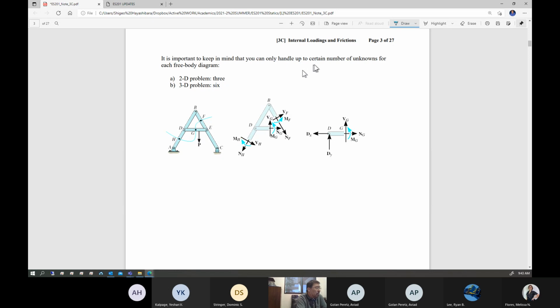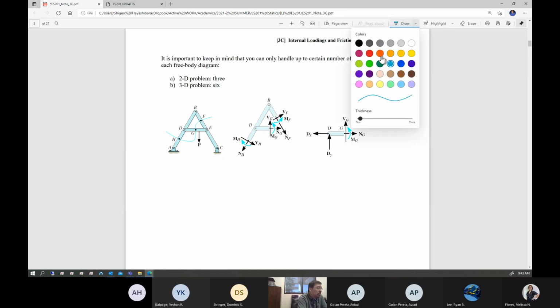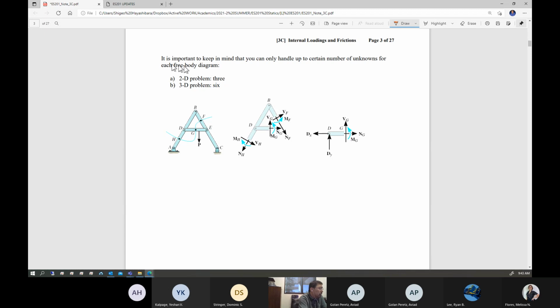You have to understand how many maximum unknowns you can handle. This is a completely 2D problem, so the maximum number of equations you can have is 3: summation of force in x and y, and the moment taken at any location set equal to 0. That's the only equations you can have.